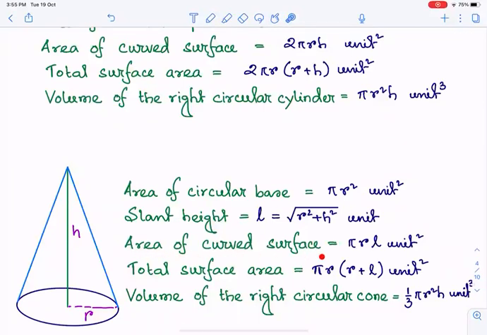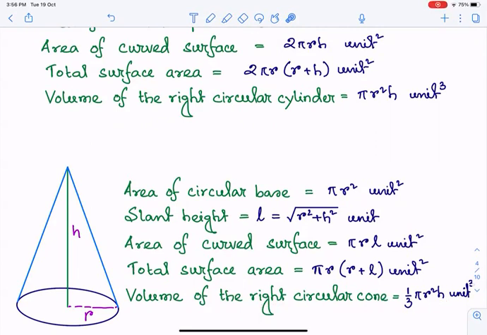The area of the curved surface will be pi r into L. The total surface area for this right circular cone will be this pi r L added to the circular surface area. That's pi r square plus pi r L, or pi r into r plus L. And the volume of the right circular cone will be 1/3 pi r square h.